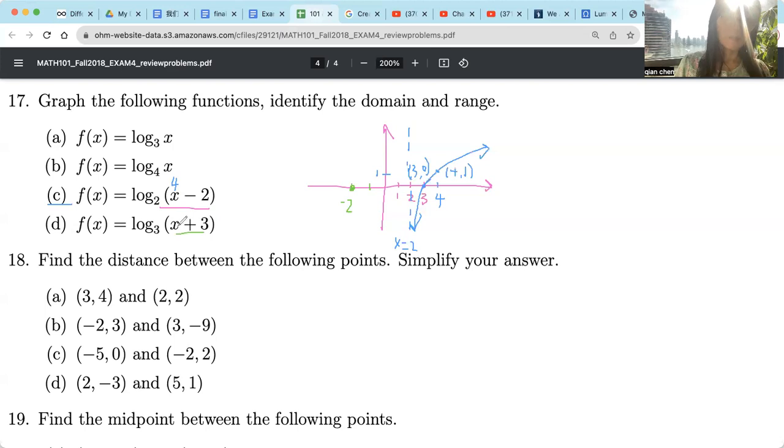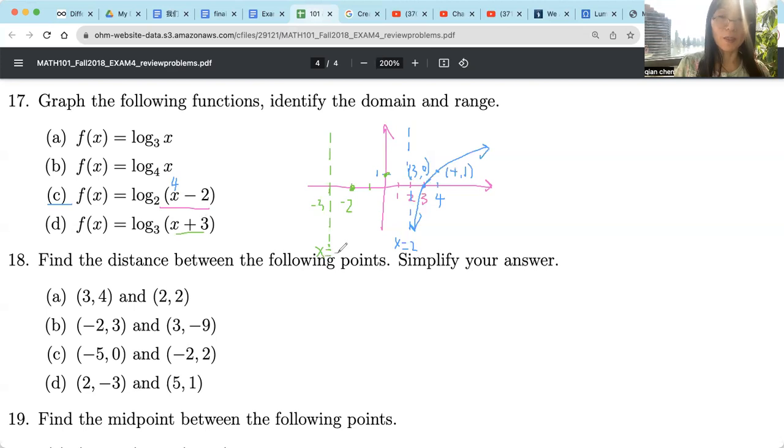Then if x equals 0, what happens? 0 plus 3, that's 3. The value and the base are the same, so we get y equals 1. So I have this point. Then I'm going to graph x equals -3, because that's going to be my vertical asymptote, which means my graph will never cross the x equals -3 line.